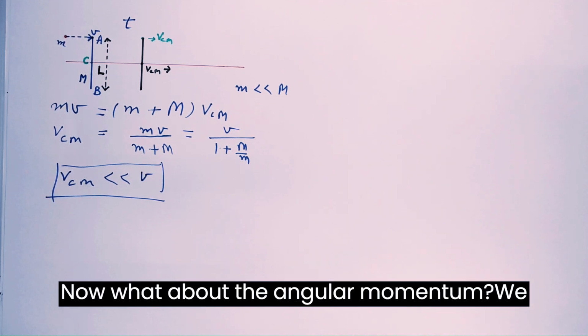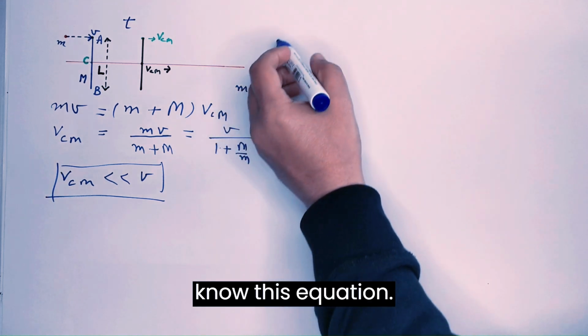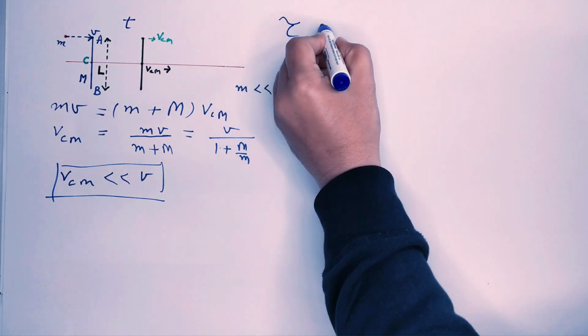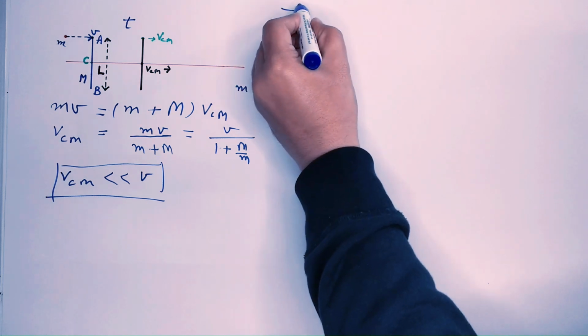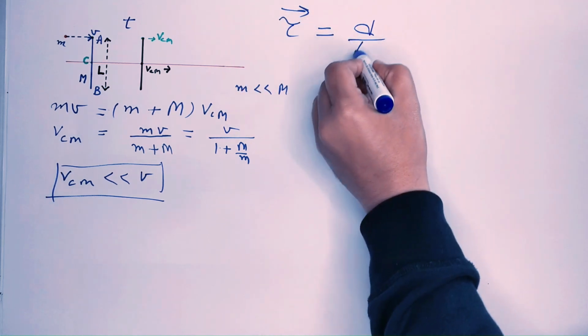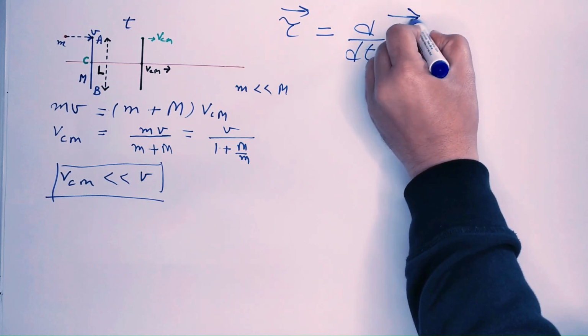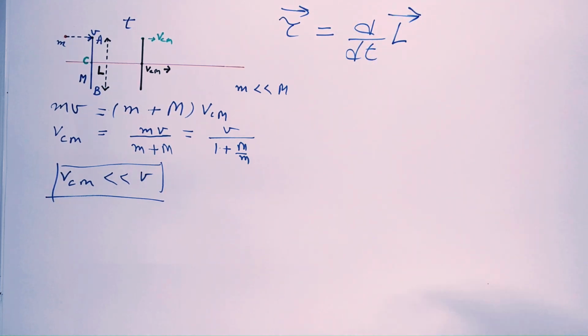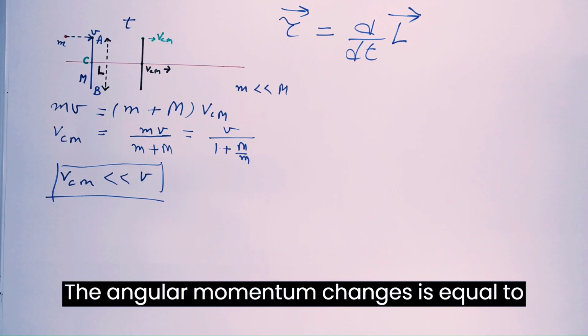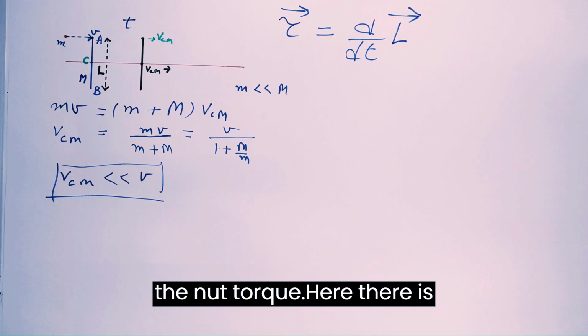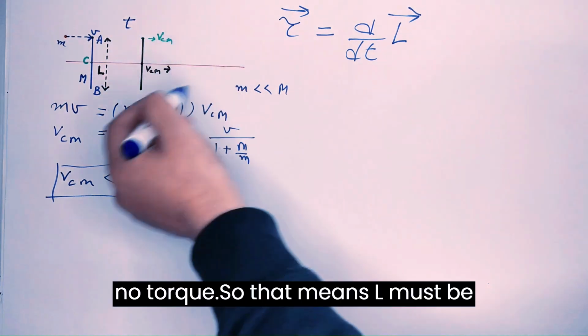Now what about the angular momentum? We know this equation: the rate at which the angular momentum changes is equal to the net torque. Here there is no torque.